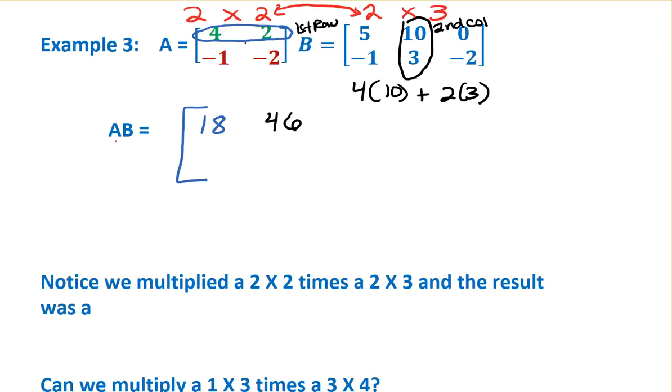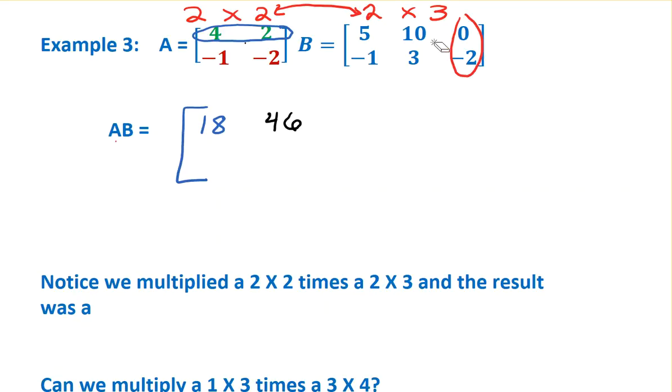All right, let me erase some of my markings. And now we still have one more to go here because we're going to take every horizontal row times every vertical column. So now I'm still going to take the first row, but now I have to multiply times the third column. So you probably already saw the pattern, so we're going to match the 4 with the 0 and the 2 with the negative 2.